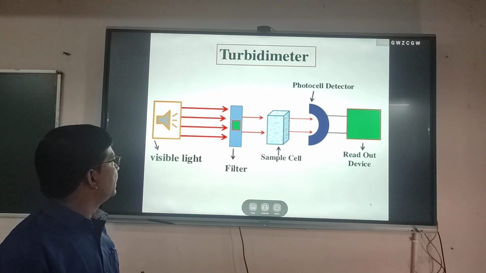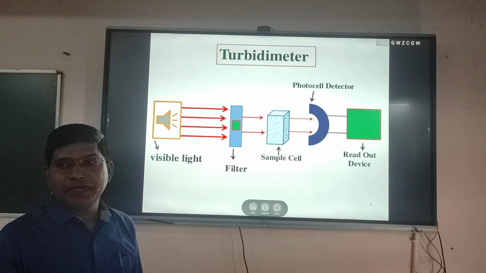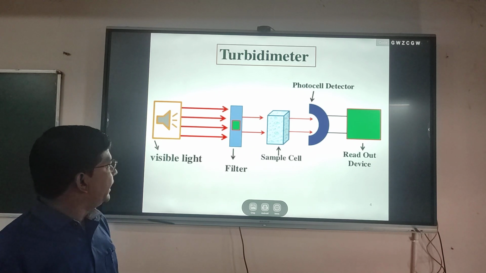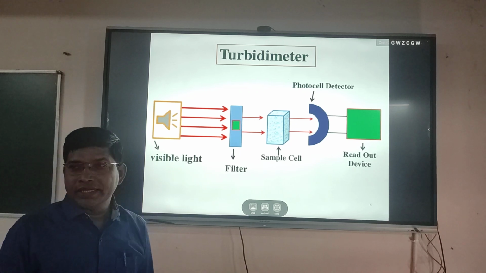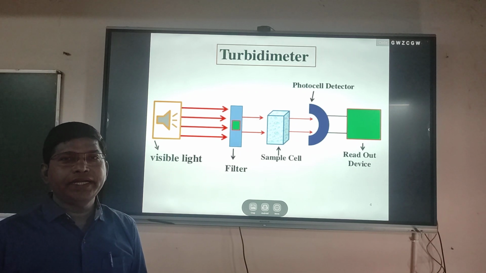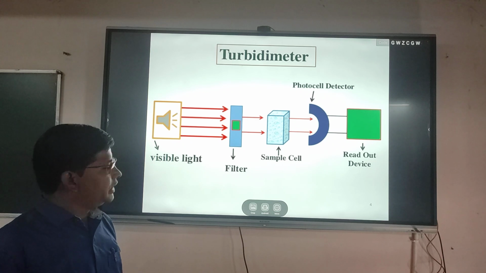Suppose you are passing blue light, it will pass the blue light, other wavelengths are blocked, and it passes onto the solution. Then we have a photocell detector, and we keep the detector at 180 degrees to the incident radiation.